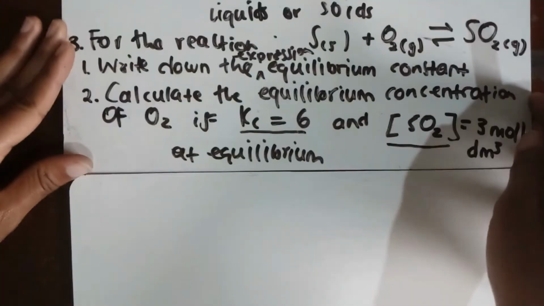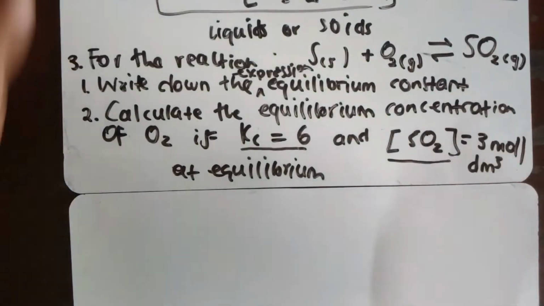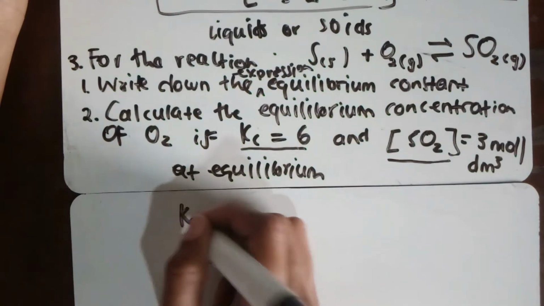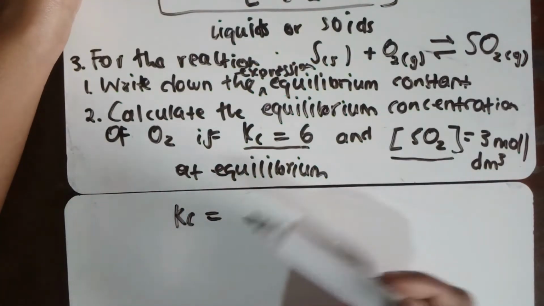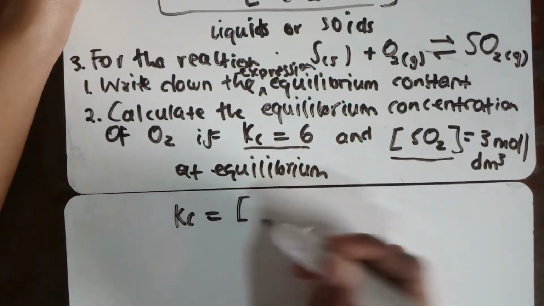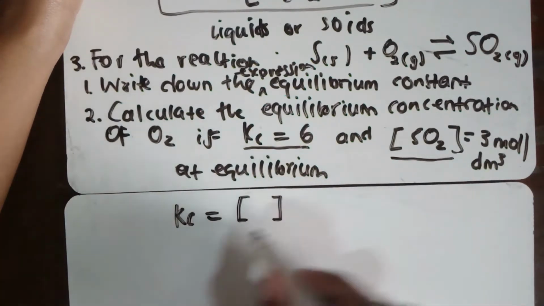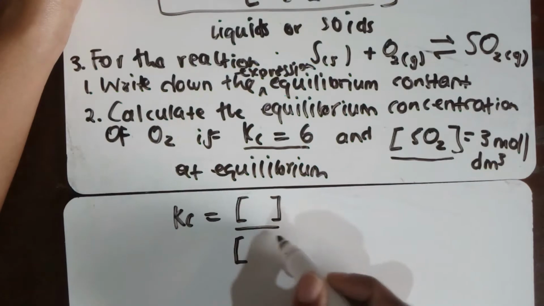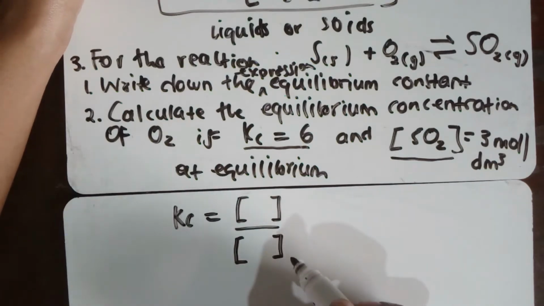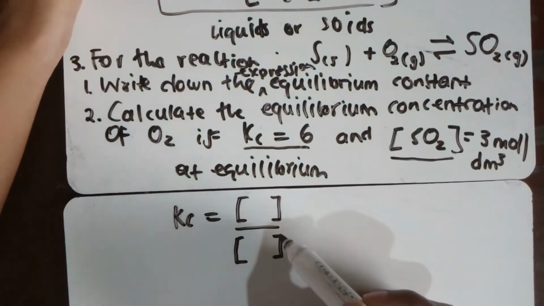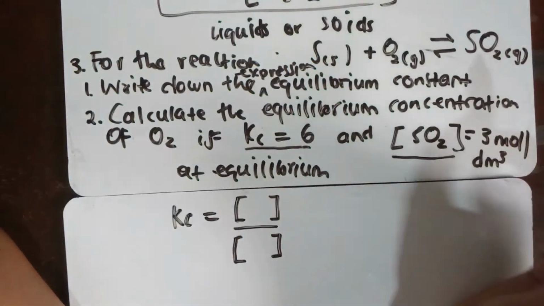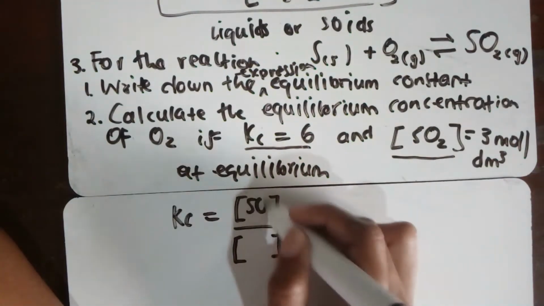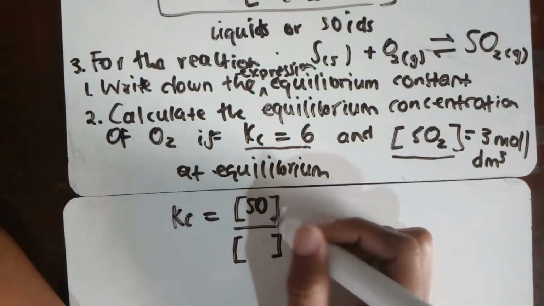We would look at our reaction. Remember, Kc is the ratio of the products to the reactants. So what is our product here? It's SO2, a gas, which means it is included in the expression.